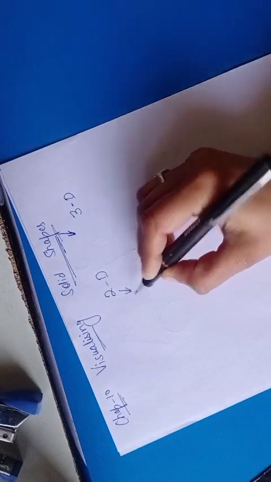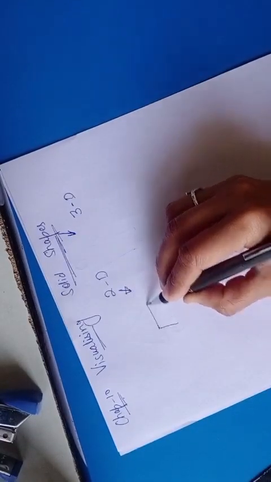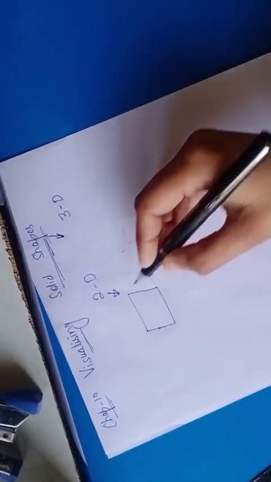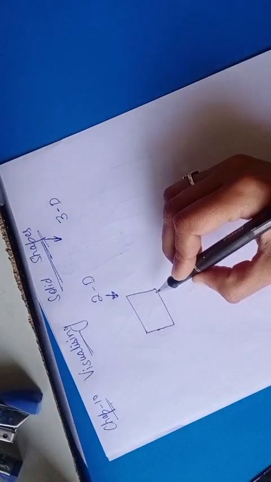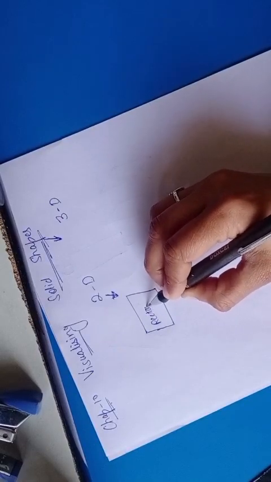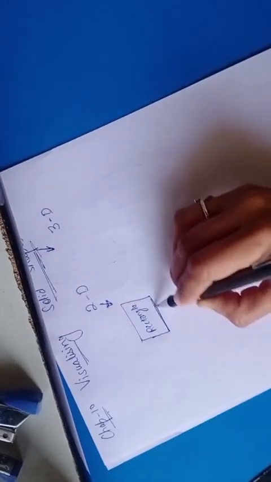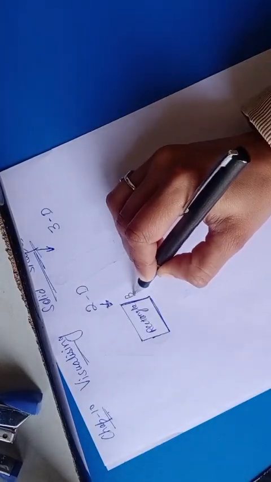A 2D shape is a shape that we draw on paper. For example, this is a rectangle. We can say that this is the length of the rectangle and this is the breadth of the rectangle.